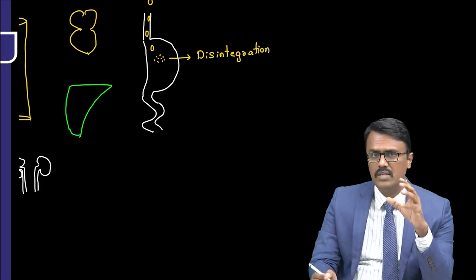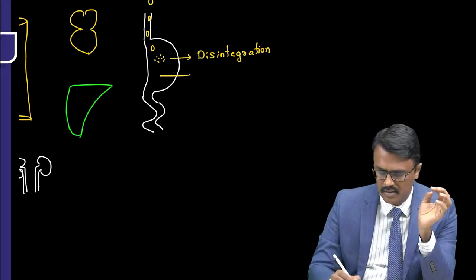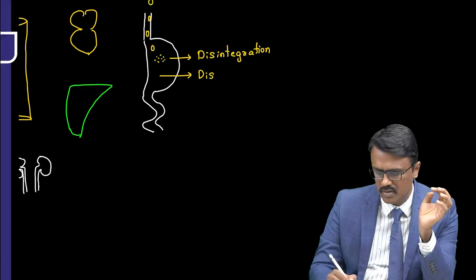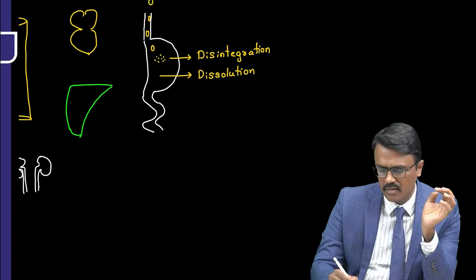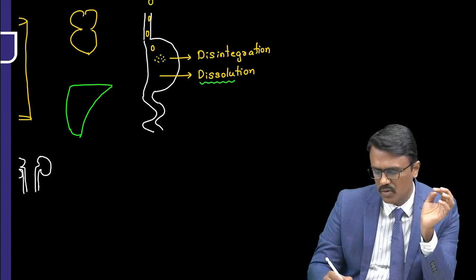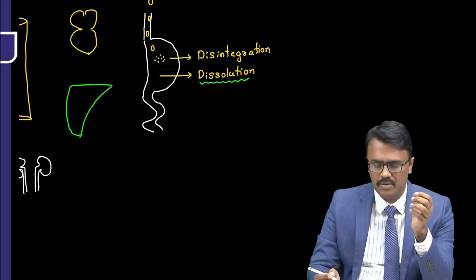Once it is disintegrated, it has to dissolve. So the next thing is the drug undergoes dissolution. That is the reason why we give solution to a kid or a child, because it's easy to get absorbed, because already it is dissolved.